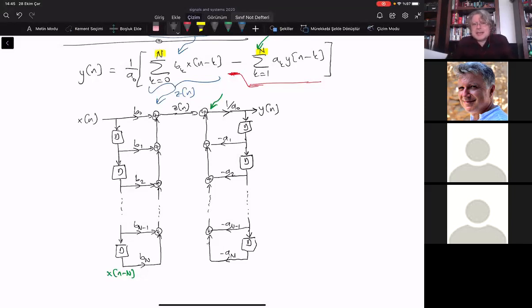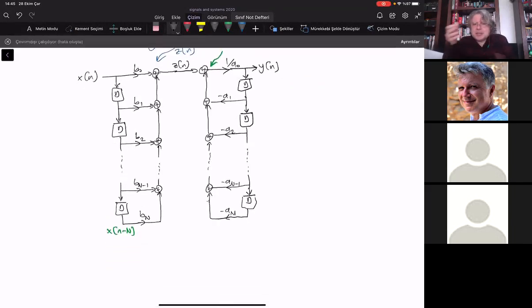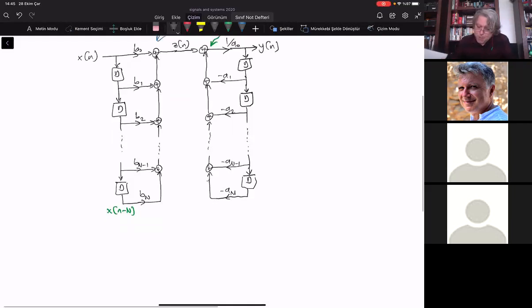Can you guess how I'm going to minimize this? By interchanging the autoregressive and moving average parts. The right-hand side long thing will be the first, and the left-hand side long thing will come later. So I'll interchange their places, the right-hand side and the left-hand side.